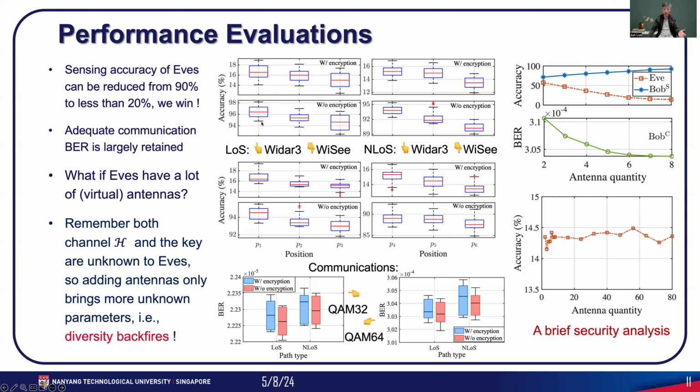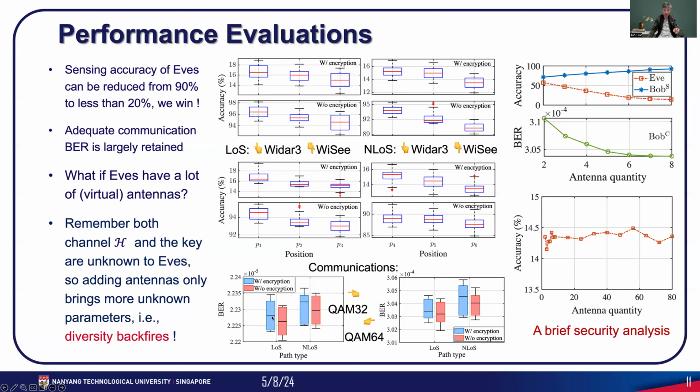So basically, they were very useful as they claimed, but if our encryption mechanism MIMOCrypt is applied, they can't do anything good if they are attackers. On the other side, for communication, I'll simply show the bit error rate difference between applying encryption and not applying it.